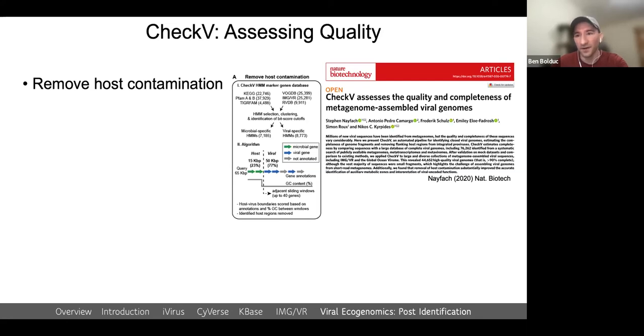Not every virus has a microgene. CheckV knows this, but more often than not, there's several microgenes or several elements of viral hallmarks in each predicted contig, each predicted genome. CheckV capitalizes on that aspect.